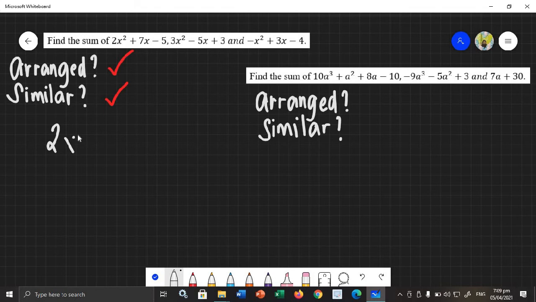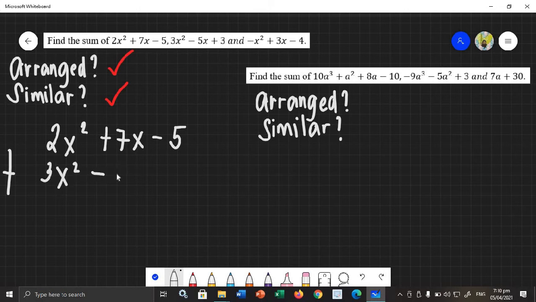So, we have 2x raised to the second power plus 7x minus 5, and then we need to add this to 3x squared minus 5x plus 3, and lastly, we need to add negative x raised to the second power plus 3x minus 4.